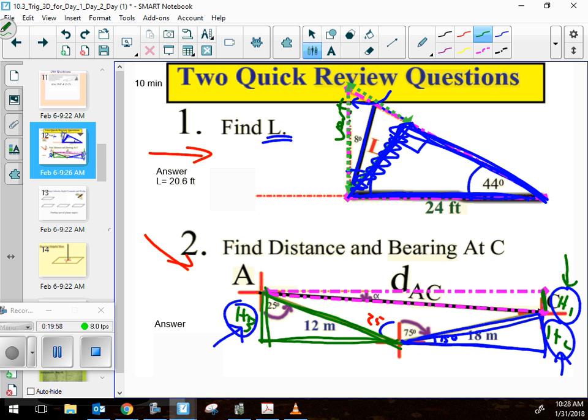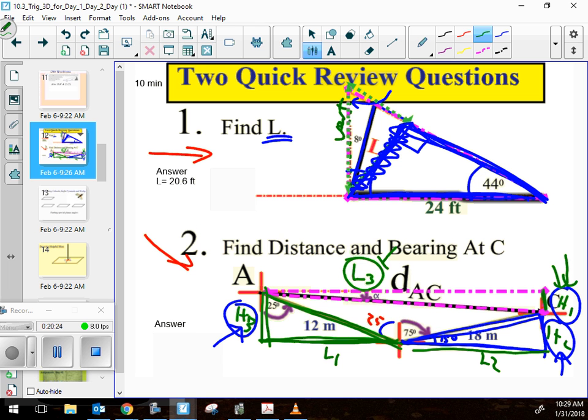Now I've got this little side of my pink triangle. Now how about the big pink side? I'm going to call that L3. I hope you can see that L1 plus L2 adds up to L3. So if I knew this one, which I do because I have a side and an angle, and if I was in this triangle, I also could know L2 because I have a side and an angle. Added together, they equal L3. Now, why is it so neat that I know two sides of this pink triangle?